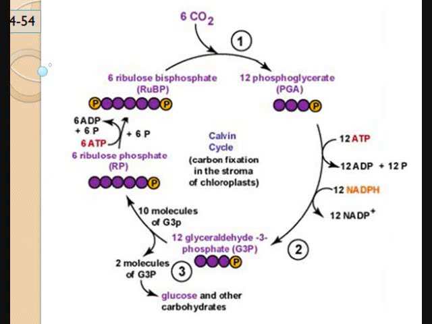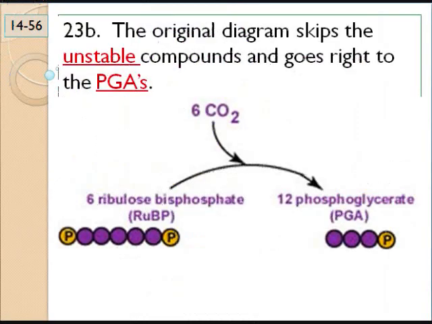I think I will go back later and insert it, just to let them know that these two do produce this one, which is not there for a fraction of a second, because it immediately cuts in half and forms 12 of the 3-carbon compounds.